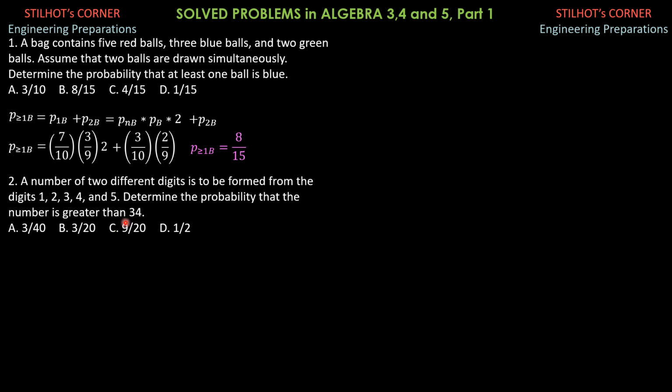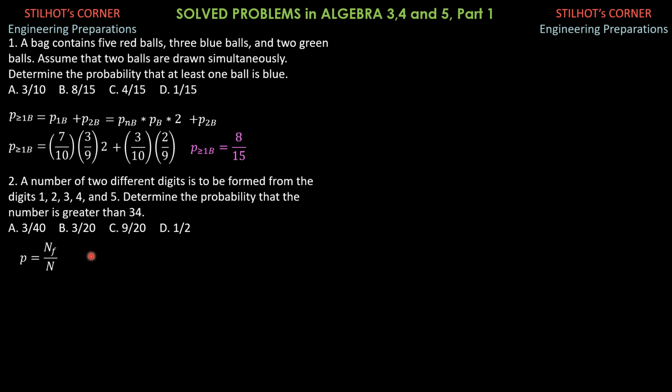Now let's proceed to the number of favorable outcomes. So probability is the number of favorable outcomes divided by the total number of outcomes. The total number of outcomes, as mentioned earlier, is 20, 5 times 4, or 5 permutation 2.